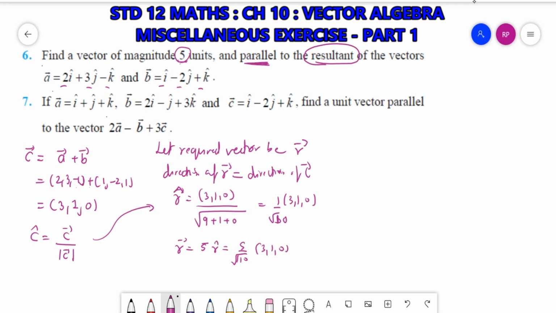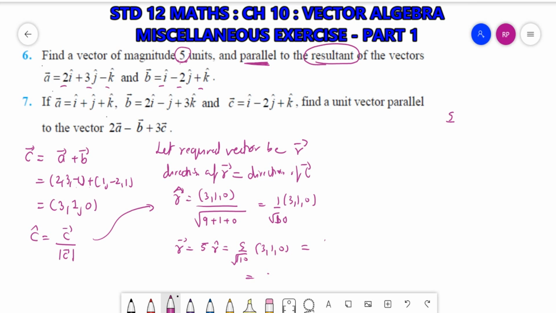Clear? Okay. So this was about question number 6. What we did? First we found out the resultant vector, which is the parallel vector. Then we took its direction by taking the unit vector, and then we multiplied it by 5. Clear? So I can also write it in this way. I can make some adjustment here. It's root 10, so I can cancel it.